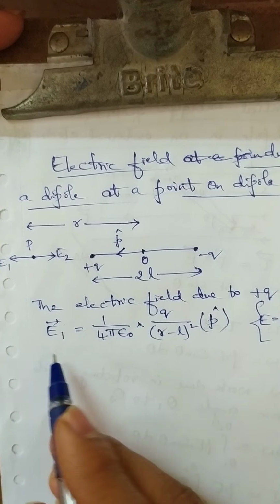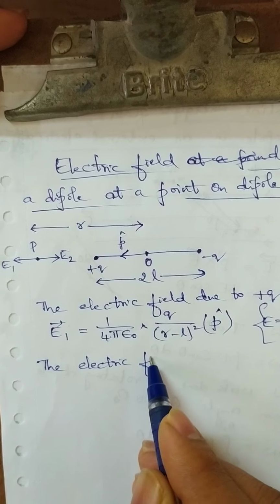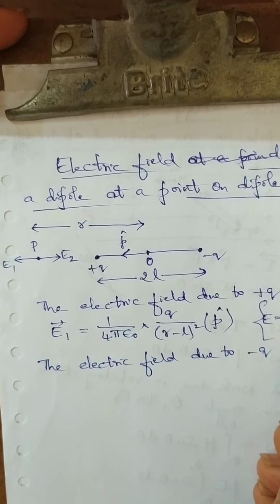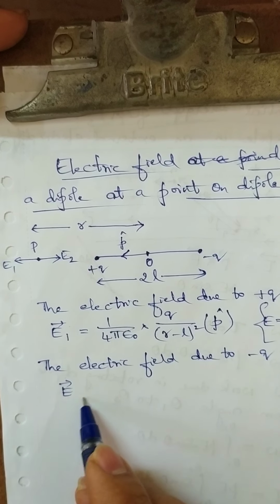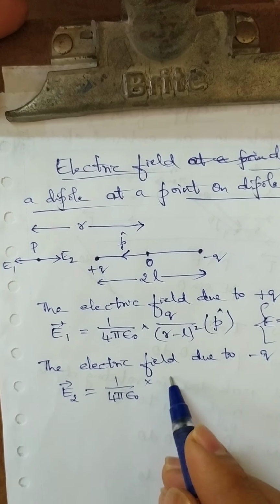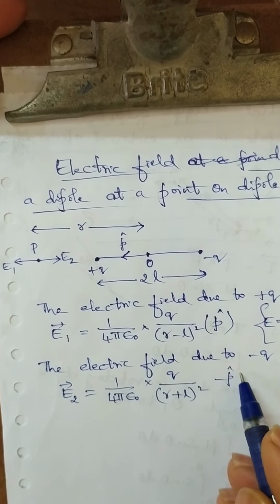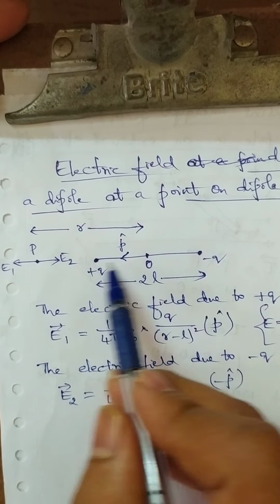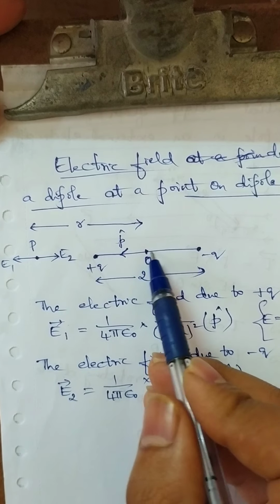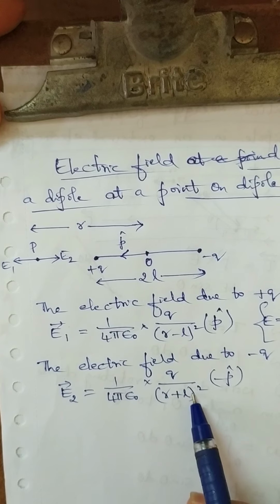Next, the electric field due to the negative charge: vector E2 is equal to 1 by 4 pi epsilon naught into Q divided by R plus L whole square, minus P cap. From the center to P the distance is R, and from the center to the negative charge the distance is L, so the denominator is R plus L whole square.